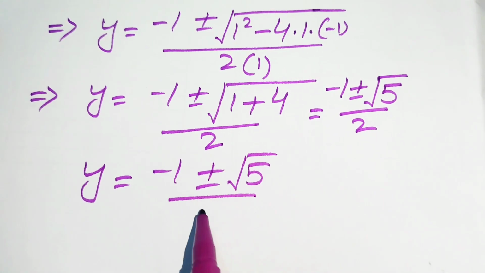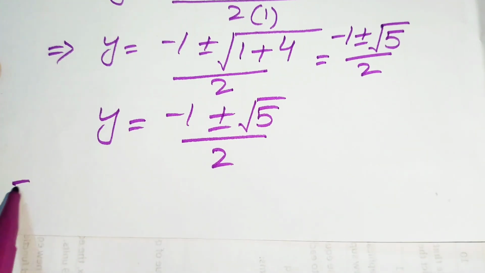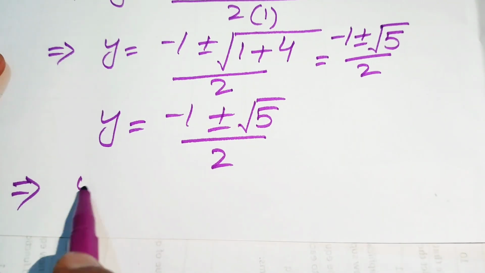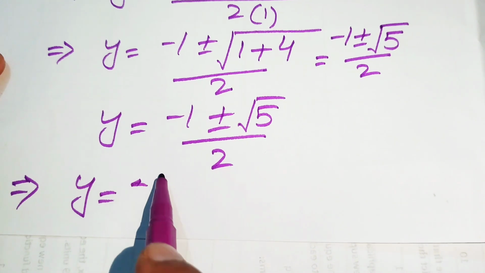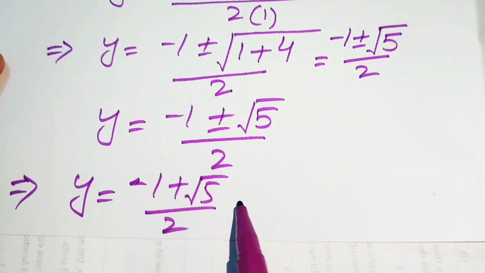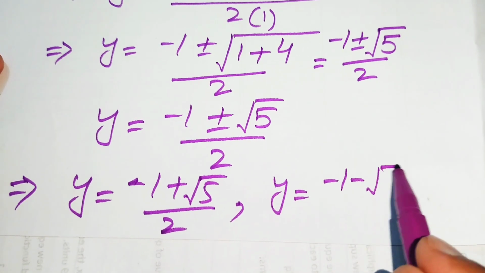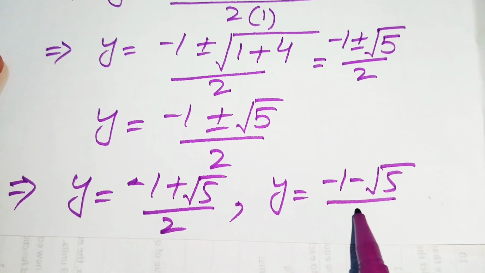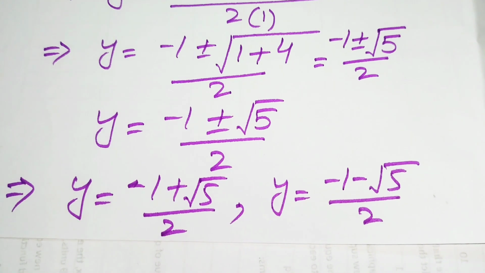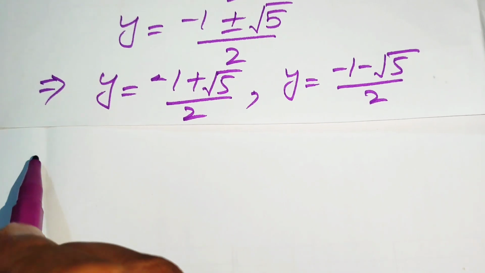So here we have the two values of y: minus 1 plus minus square root of 5 over 2. Here we write these two values separately: y equals minus 1 plus square root of 5 divided by 2, and in the other case y equals minus 1 minus square root of 5 divided by 2. And now in the next step, we substitute the value of y, and our y equals 2m.